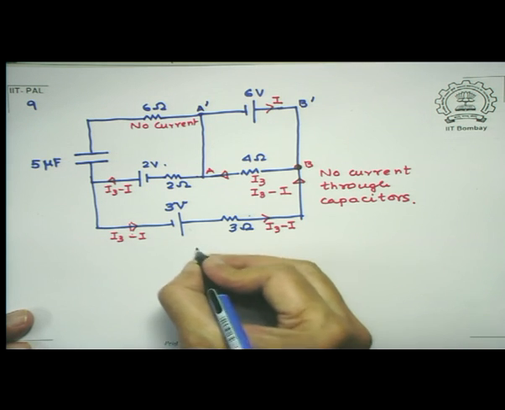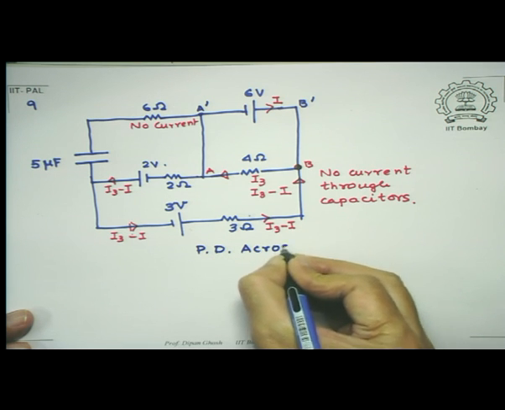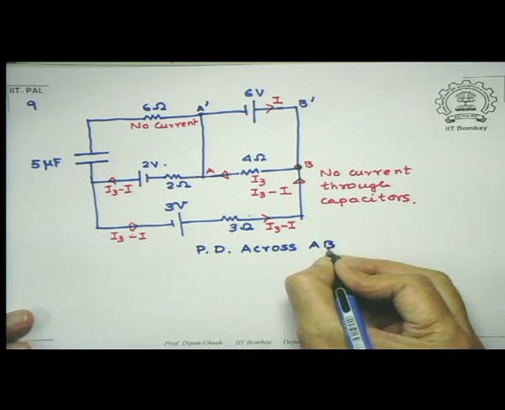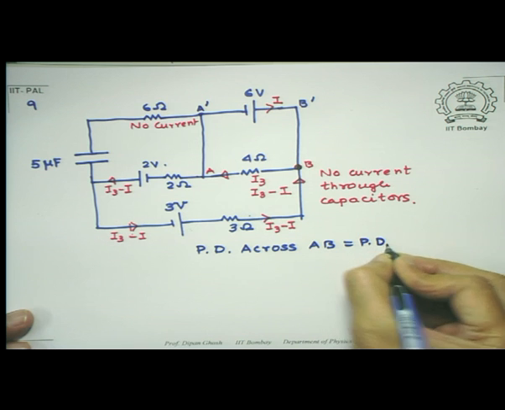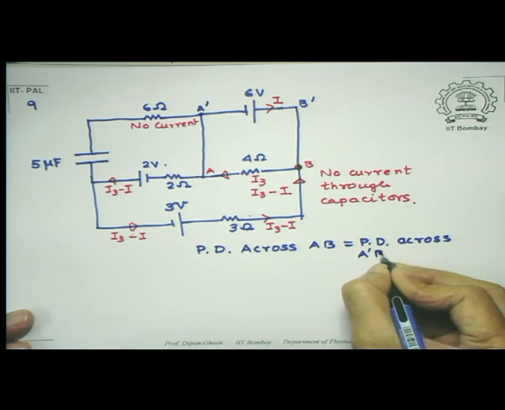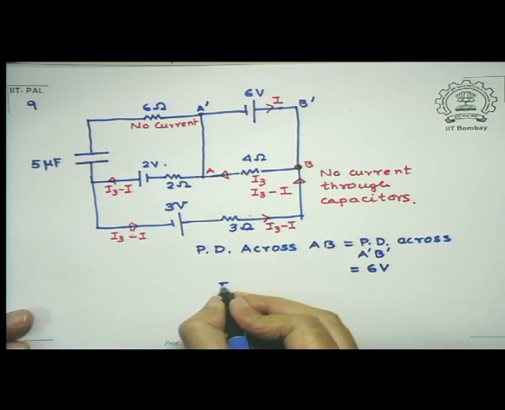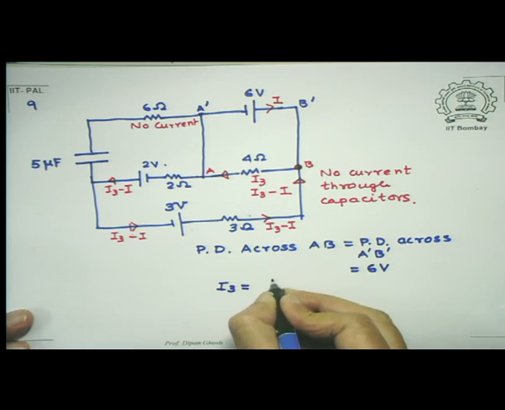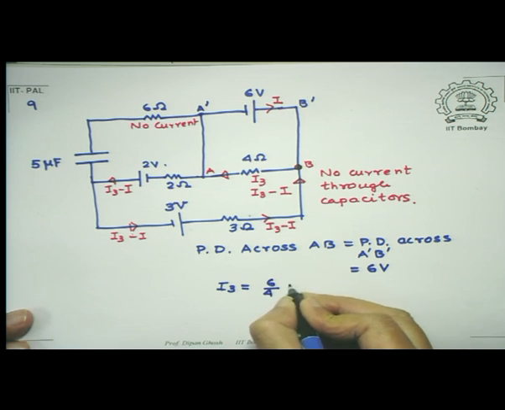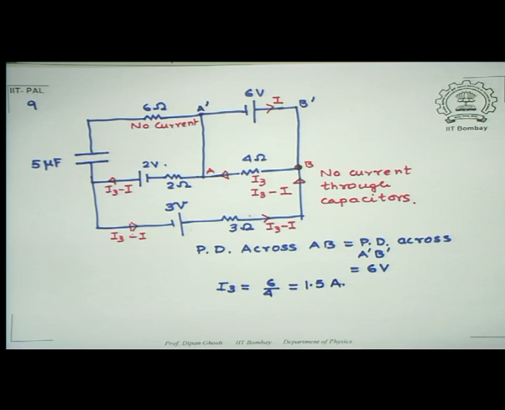So let's write down: potential difference across AB is equal to potential difference across A prime B prime, which is equal to 6 volts. So therefore, my current I3 is simply 6 by 4 ohms, so it is equal to 1.5 ampere. So one unknown thing has been removed.